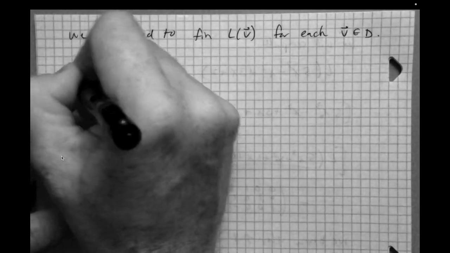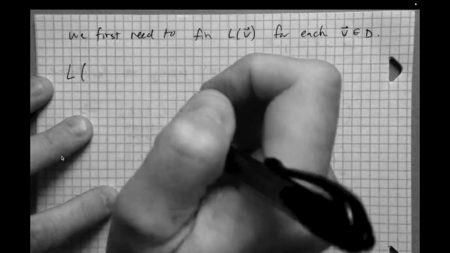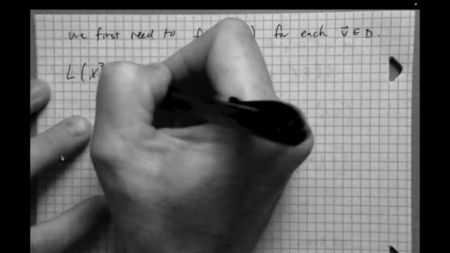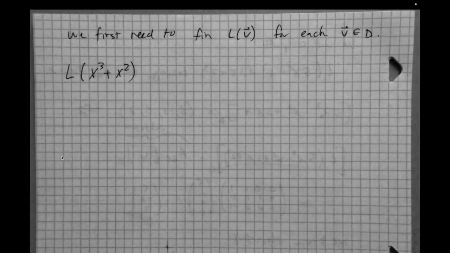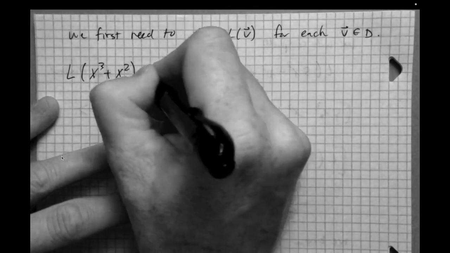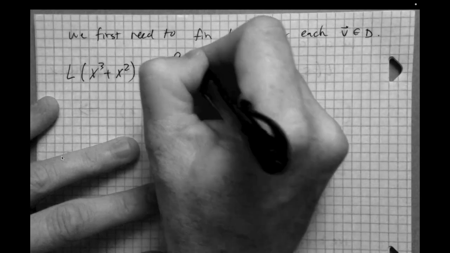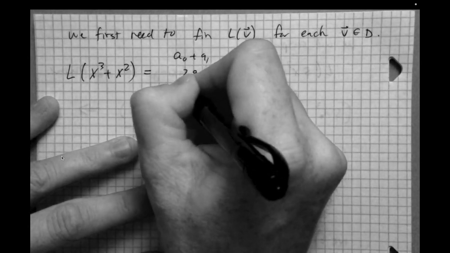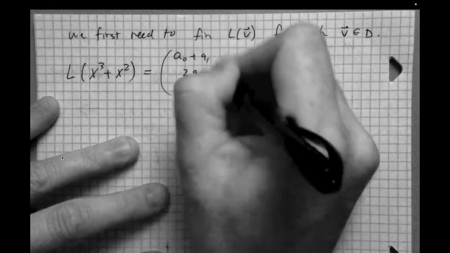We'll start with the first basis vector in D, which was x cubed plus x squared. When we run this through the linear transformation, remember, it's going to be equal to a0 plus a1, 2 times a2, and then a3 minus a0.